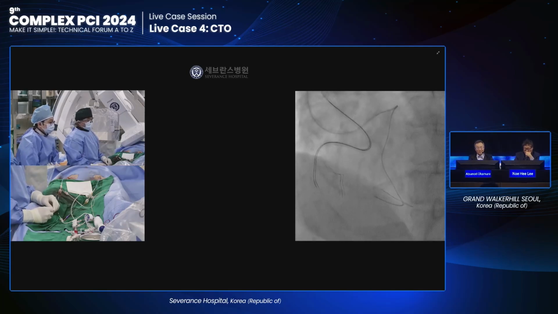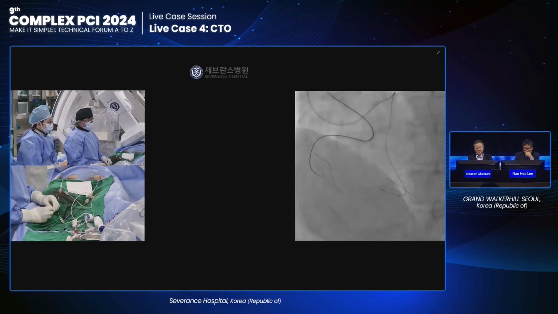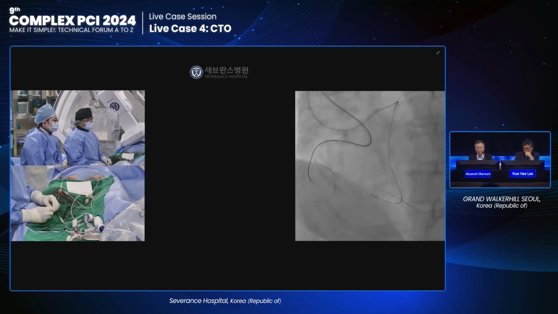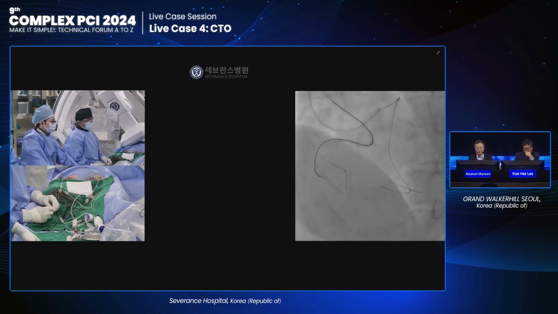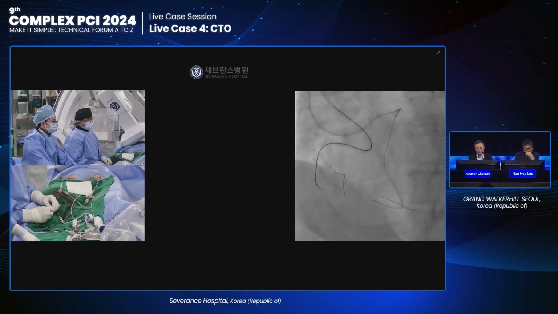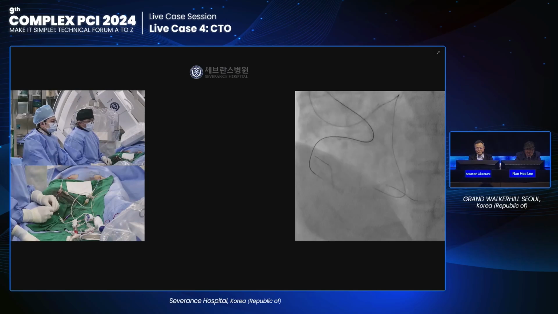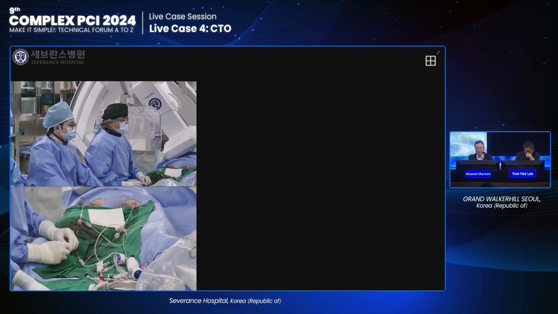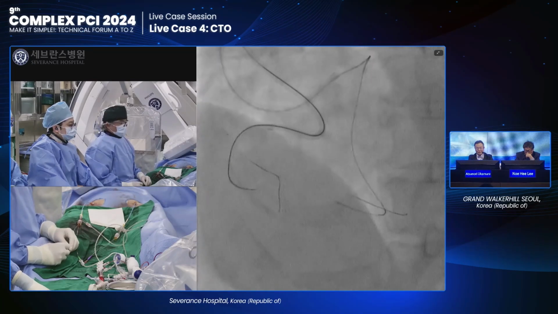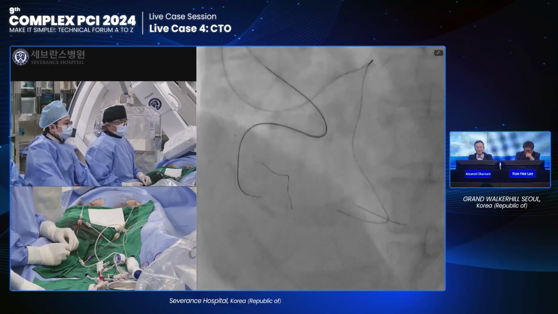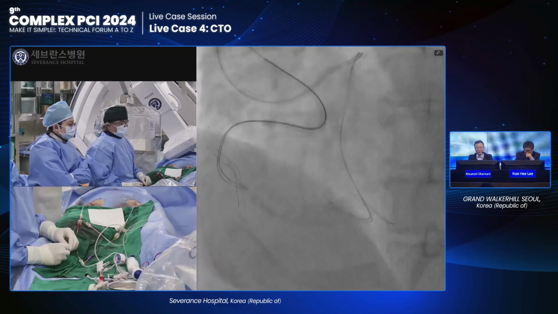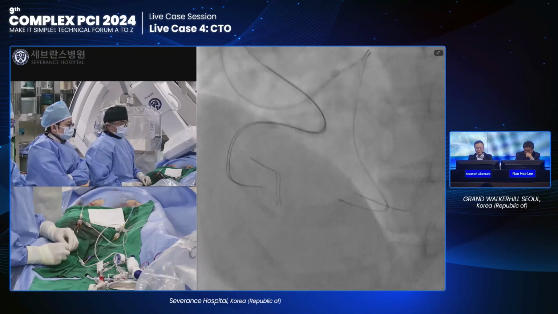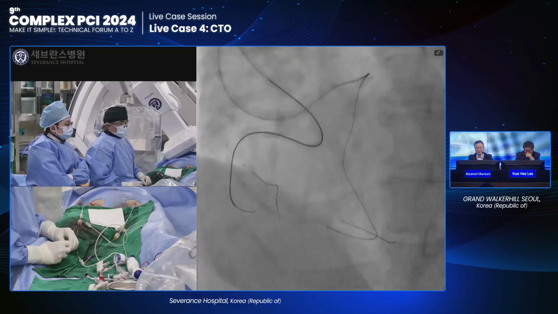From the CT scan, the proximal portion has scanty calcification, so anyway I will advance with this UB3. The feeling was not so bad, so I want to advance a little bit more.